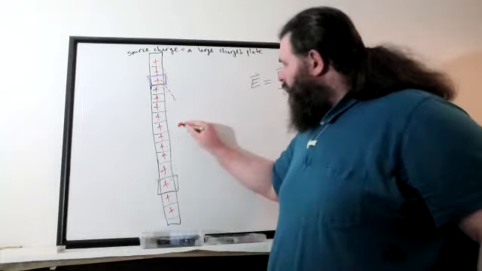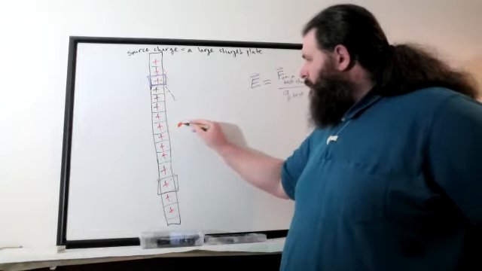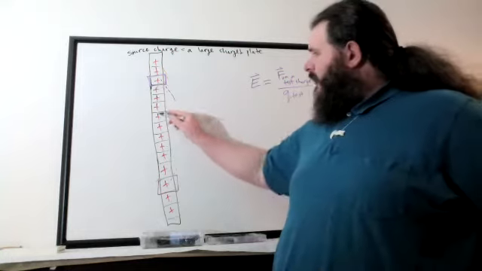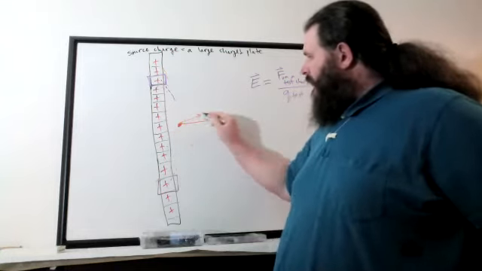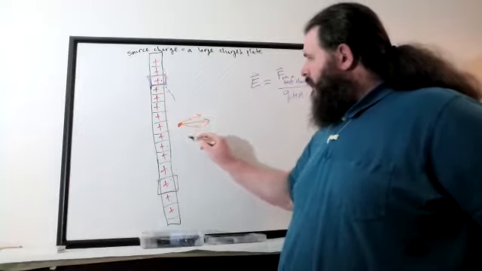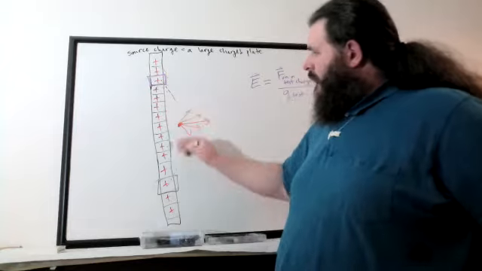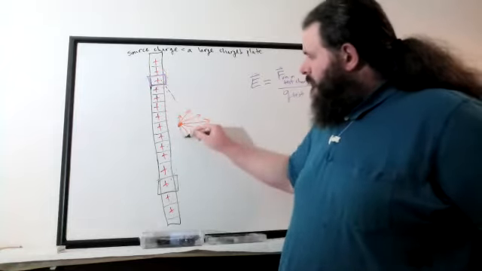If we're really close to the wall here, we've got a vector to the right from the center, fairly large because we're close to it. And then we're still kind of close to these ones, so we get vectors pointing directly outwards, and then further away, directly outwards. But the further away we get, the smaller the contribution is.